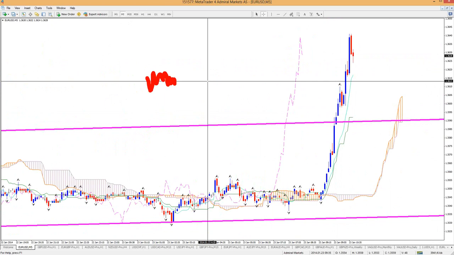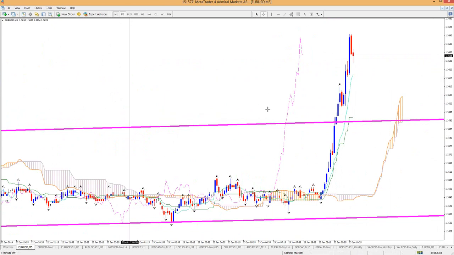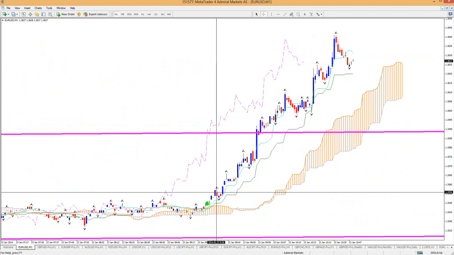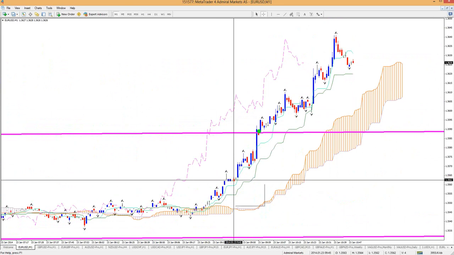Up, down, up, down, up, down. When that happens, it's always better to wait for a 1 minute consolidation at least. You see, we didn't get that 1 minute consolidation here. We just pushed through. So then you want to be careful with selling a momentum burst like that. In fact, you might even want to think of the opposite, because there could be a good chance of breaking out in a way.